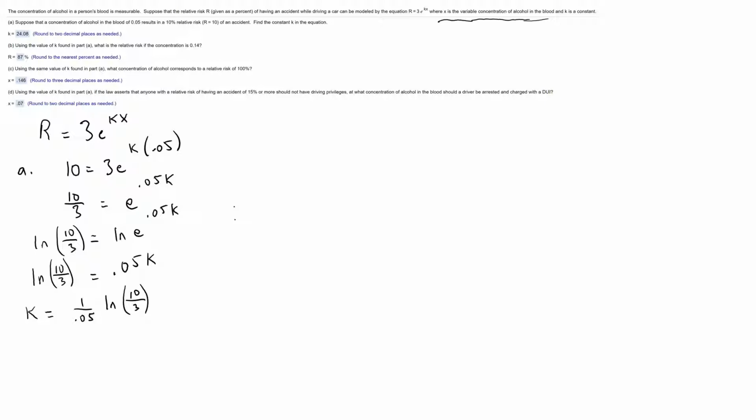To make K a little nicer, instead of 1 over 0.05, if we move the decimal to the right 2 places on the 0.05, that would turn it into 5. And if I move the decimal to the right 2 places on the top, that would turn it into 100.